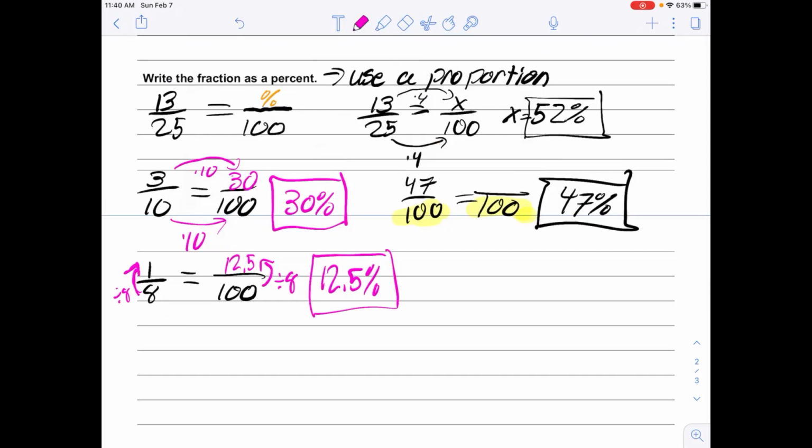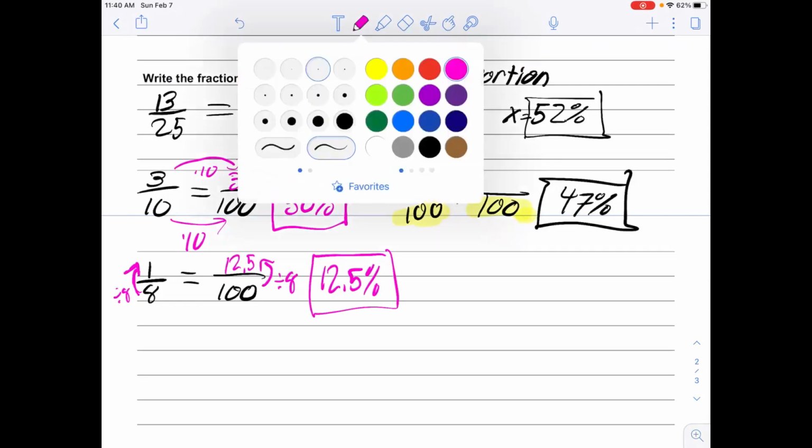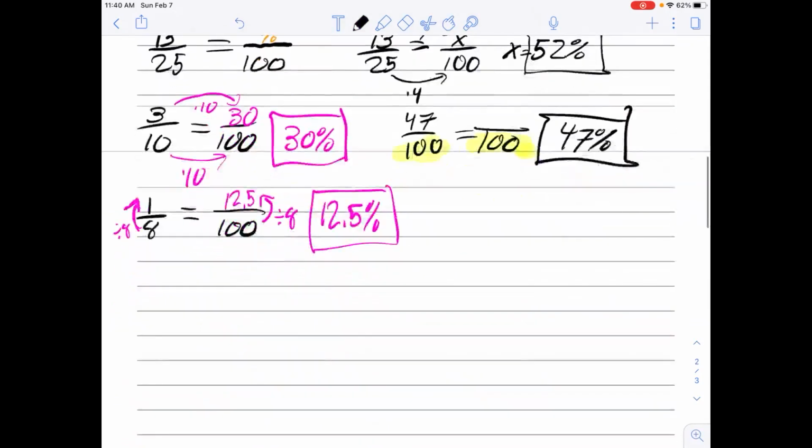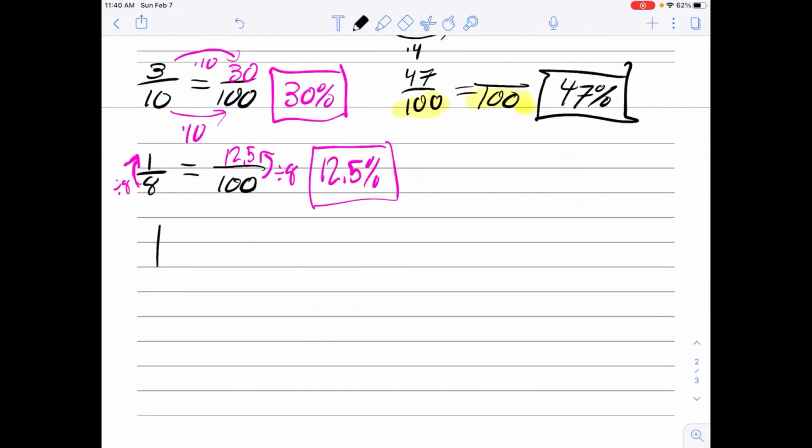So the last one I'm going to give you, and this is going to be your check to be able to move on to your problems. For your check, I want you to turn the fraction 1 3/5 into a percent. And to do that, there's two options.